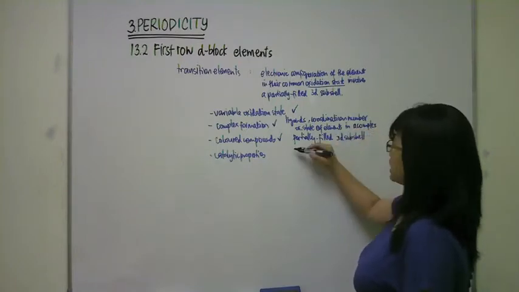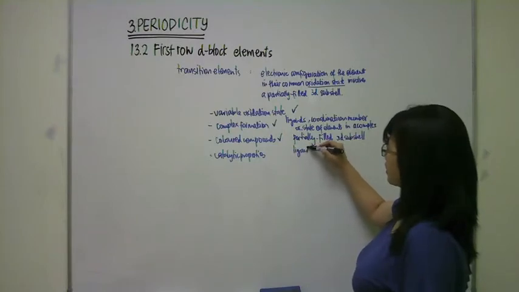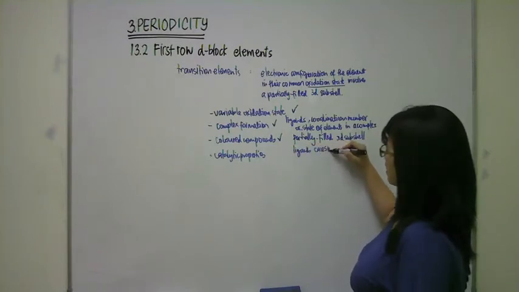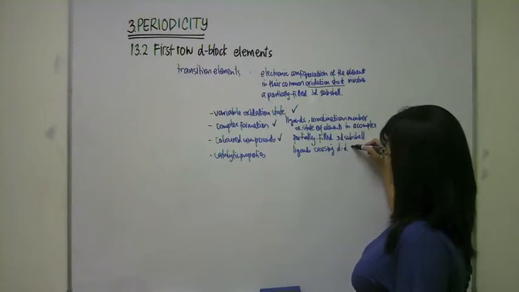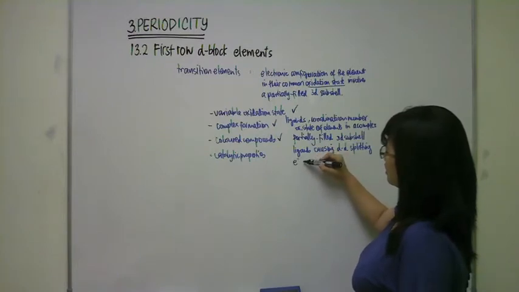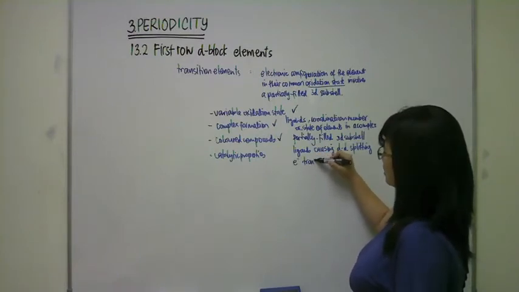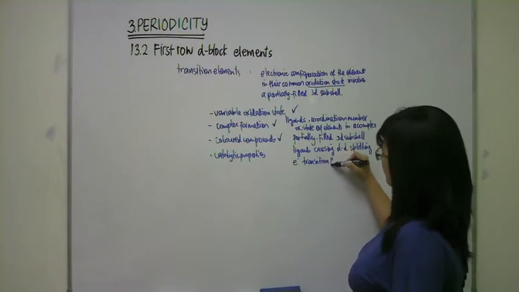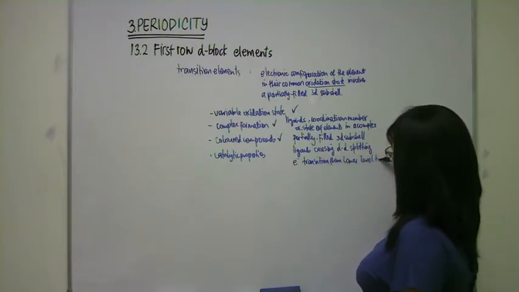Okay, and then ligands causing DD splitting. Okay, and then electron transition from a lower level to a higher level.